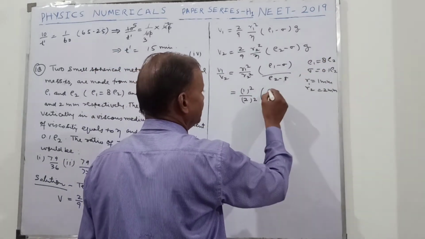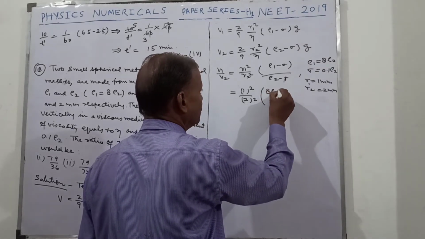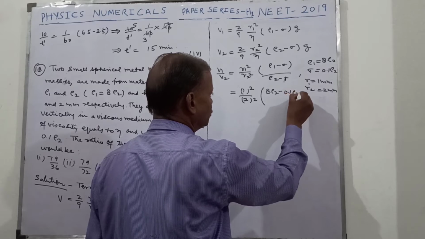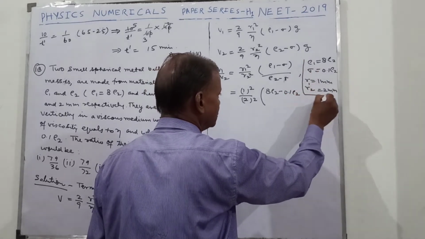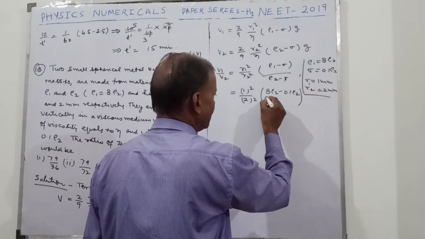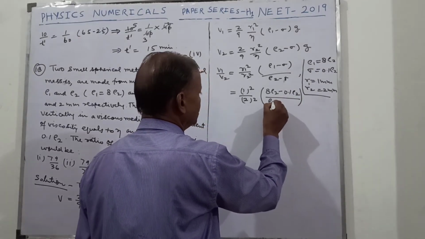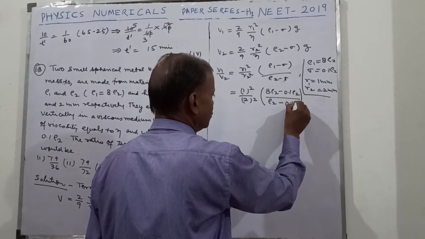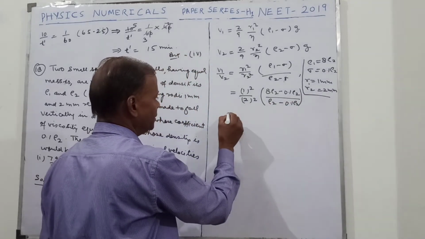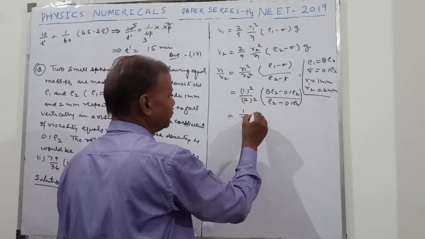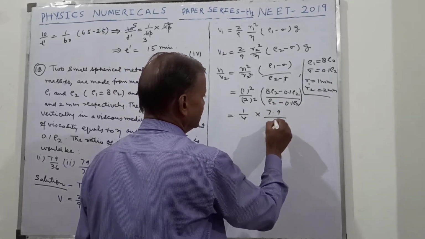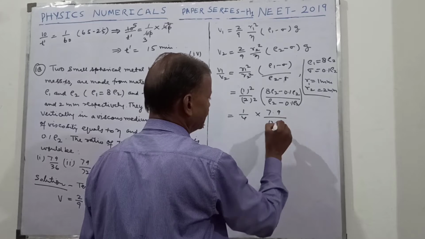Rho 1 is now 8 rho 2 minus sigma 0.1 rho 2, upon rho 2 minus sigma 0.1 rho 2. So now rho 2 will cancel. This is now 1 upon 4 into 7.9 upon 0.9.